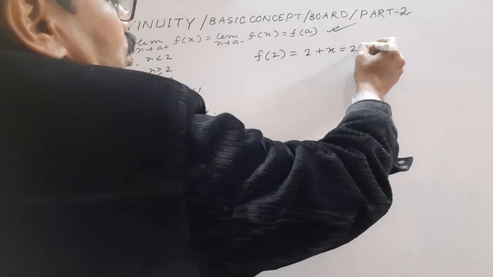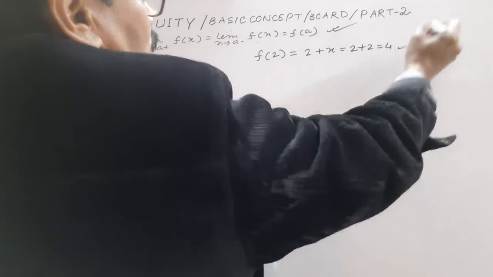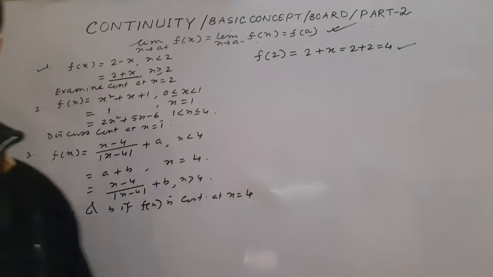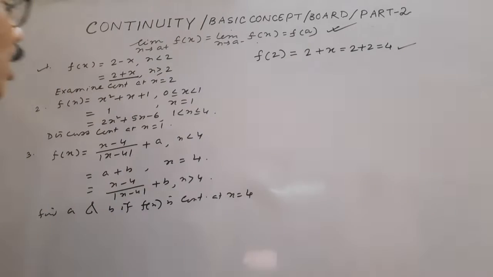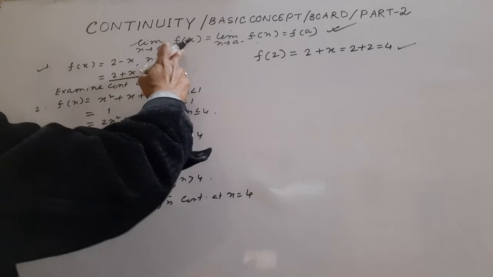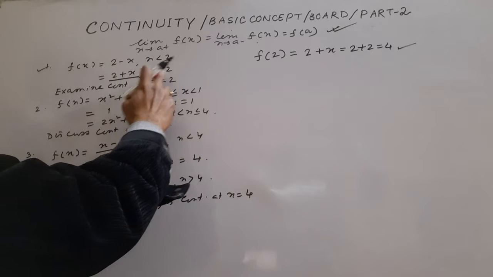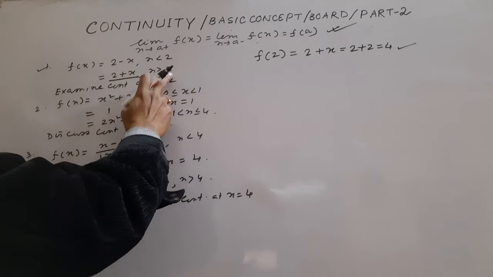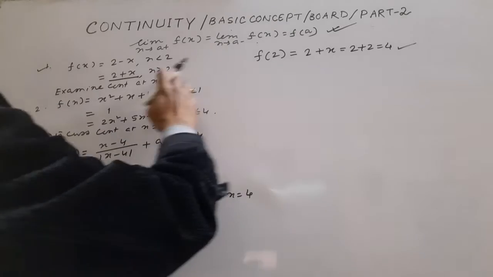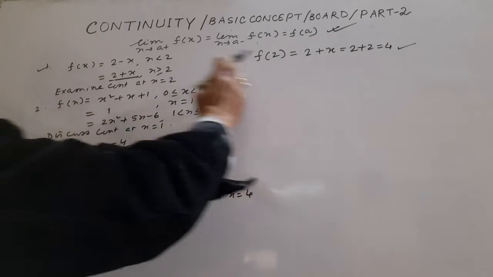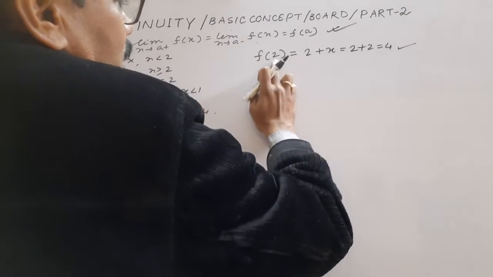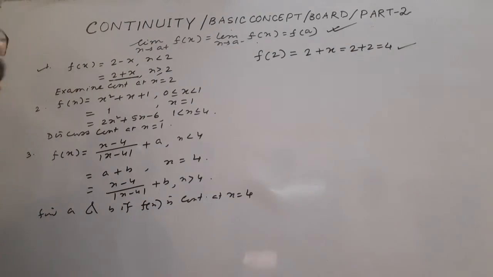So 2 plus 2, so this is 4. So this is the functional value. Look at it again. You see the restriction. This is less than 2, and this is greater than or equal to 2. So it is the restriction. f(2), so what is the function? 2 plus x. But for f(2), replace x by 2. So, f(2) is 4.